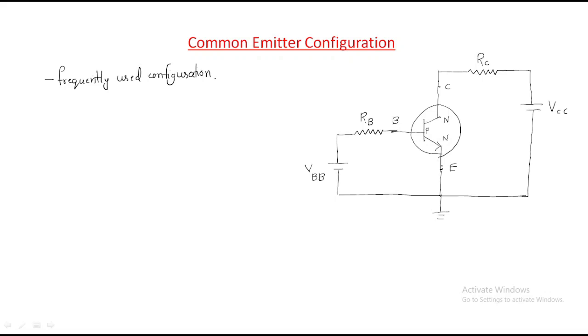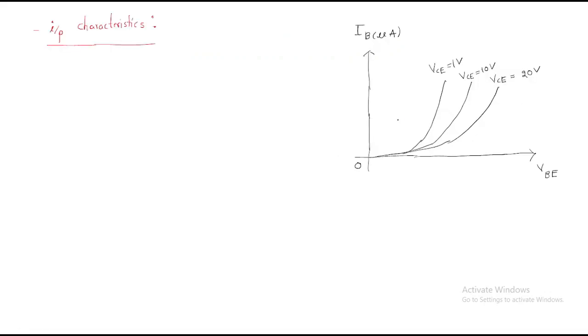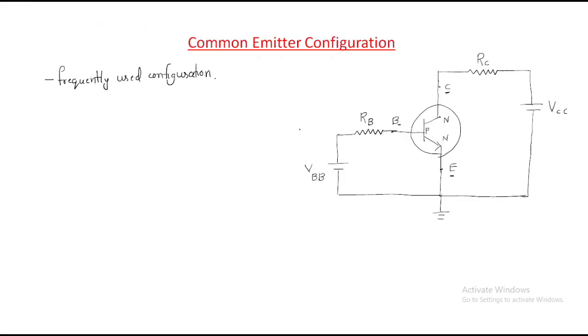So if you look here, this is the emitter, this is the base, this is the collector. Here the emitter is made with n-type semiconductor and the base is made with p-type semiconductor, and it is the frequently used configuration.